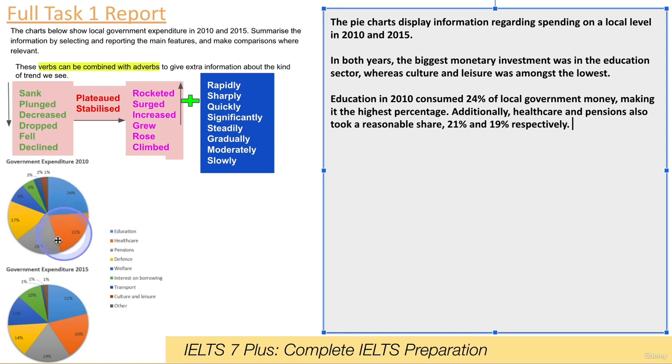Lovely. So we've talked about these three high percentage groups to start off with. Now, what should we focus on? We could focus on the low groups, like low percentages like transport, culture and leisure, and other, perhaps.